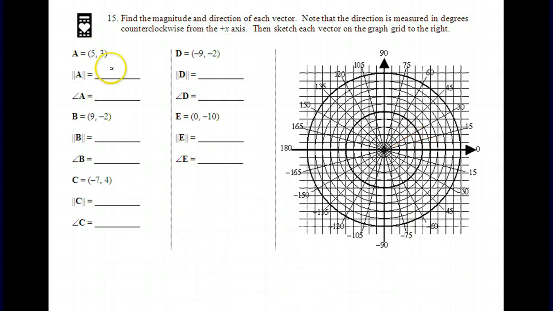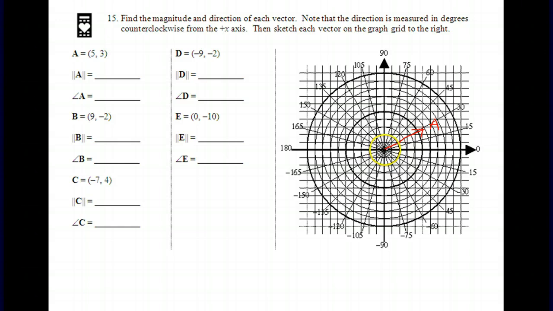So let's do the next one, the next part of this. And you could leave that up there as A. So that's all drawn in there. And so there we have A. Now let's draw in B. 9, negative 2.